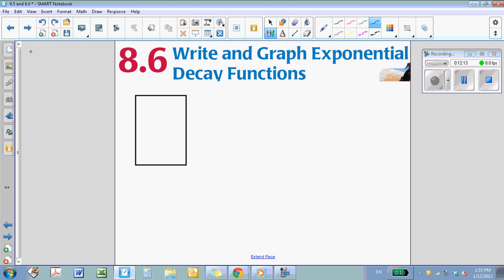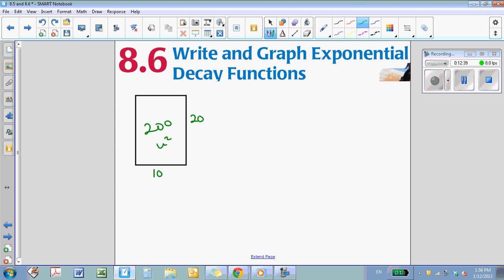Okay. So then the last section in this chapter deals with growth and decay, and it's exactly the same idea. So what I wanted to do is first take an example. Let's say you have a piece of paper that has an area of 200, because it's 10 by 20 units squared.